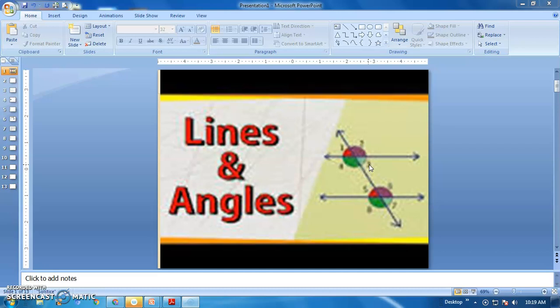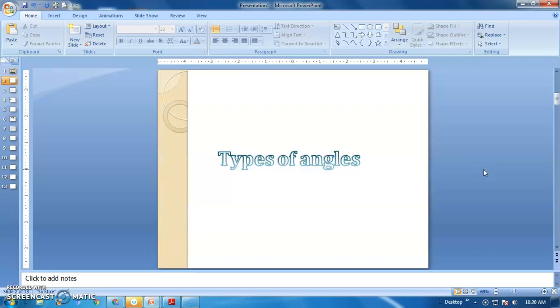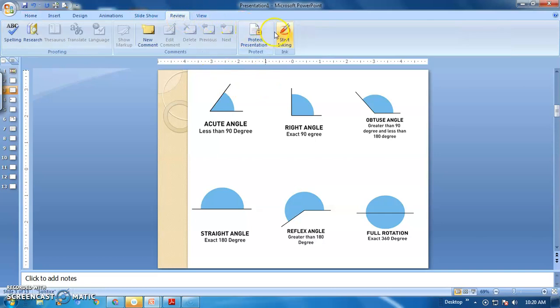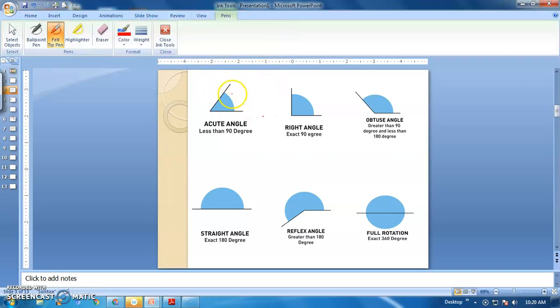Okay, so before going to today's session, let us recall what all we have seen so far in the last classes. So the topic is nothing but lines and angles, and some types of basic angles. These 6 basic angles only, that is acute angle, right angle, obtuse angle, already we know that. So acute angle means less than 90 degree.